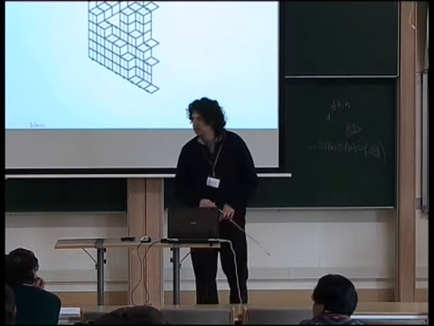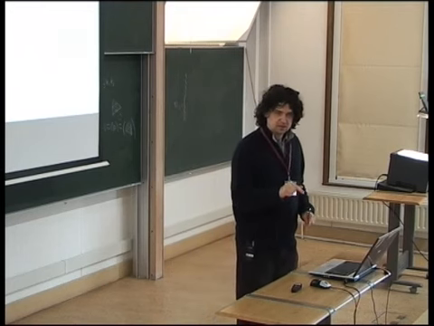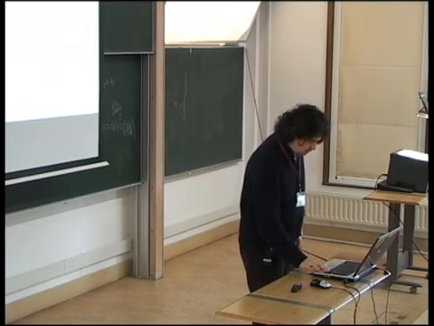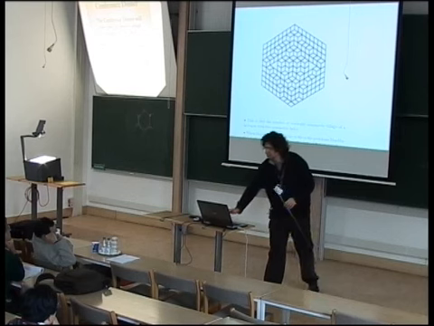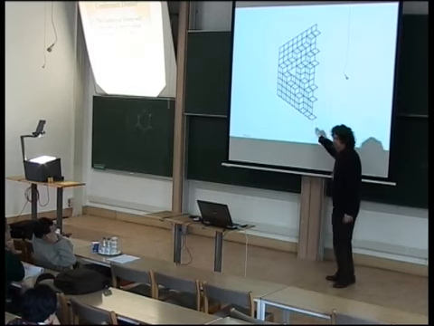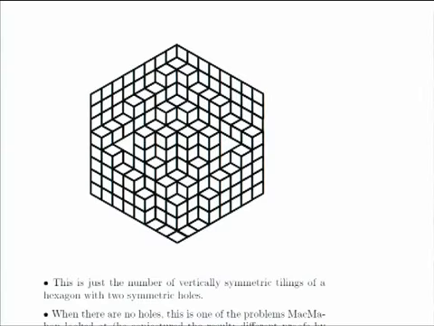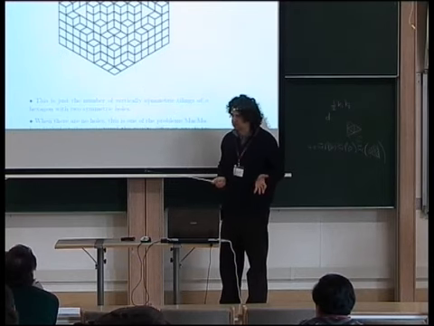May I ask why the mirror method was not working here? In this case, in the free boundary? Yeah, okay, that's a very good question. So actually, right, so I said all this. So the mirror method, it's a very good observation. The number of lozenge tilings of the half hexagon with free boundary here, obviously by mirror symmetry, is equal to the number of lozenge tilings of the hexagon with two symmetrical holes, lozenge tilings which are themselves symmetric, because you just reflect, right?